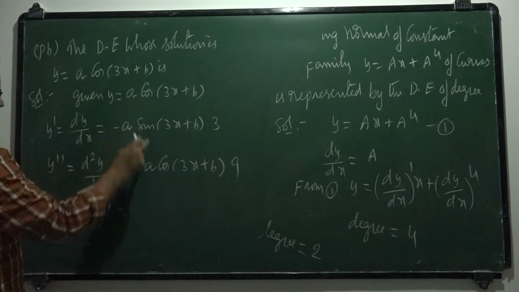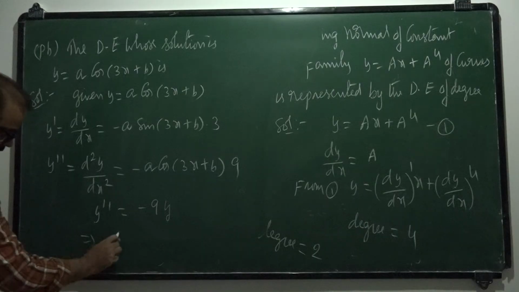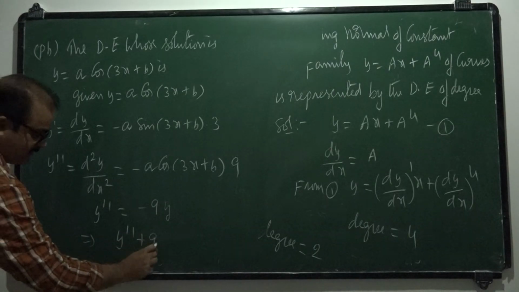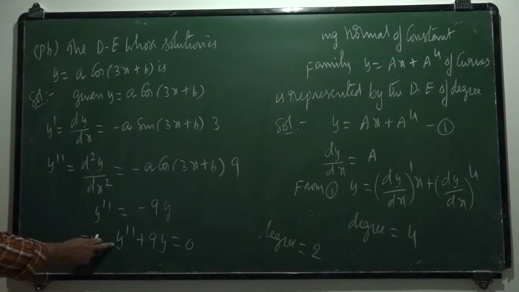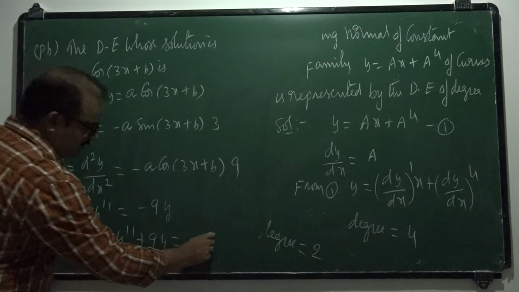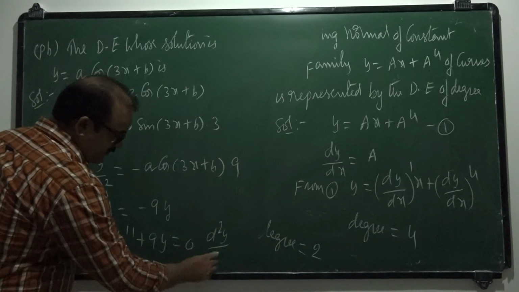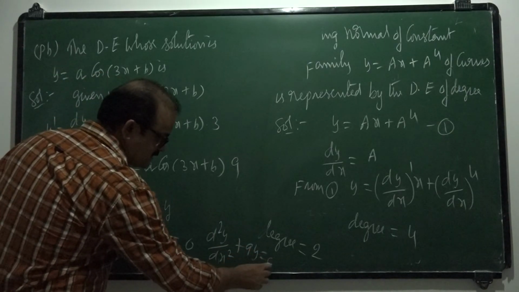That is y. So minus 9y. So this is y double dash plus 9y is equal to 0. It is a differential equation. Or we write y double dash as d square y by dx square, or d square y by dx square plus 9 into y is equal to 0.